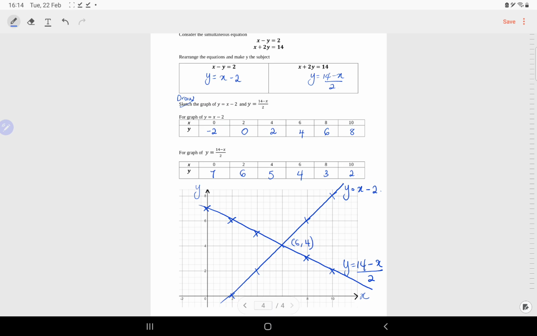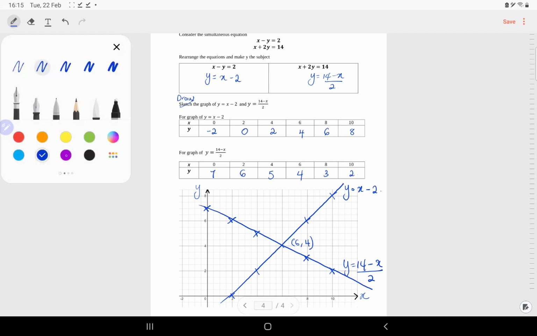In other words, because the solution satisfies both equations, that point is where the two lines meet. And when two lines meet, it has a point of intersection.